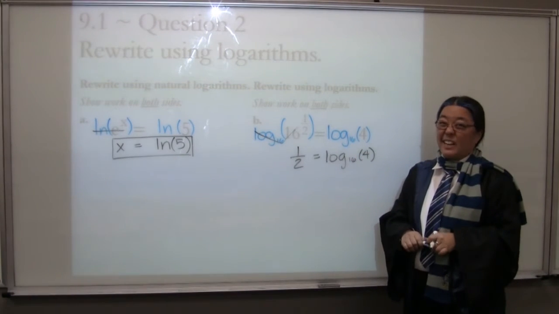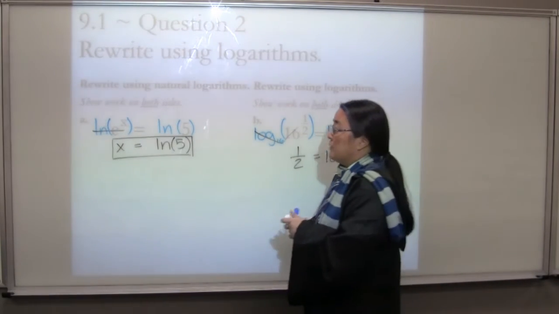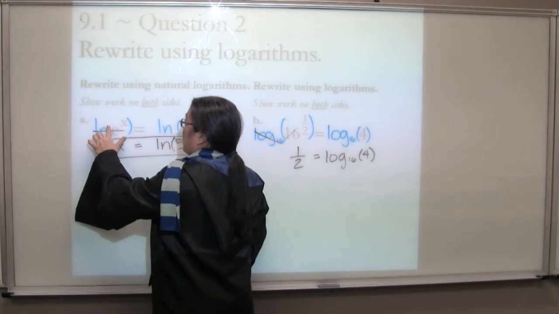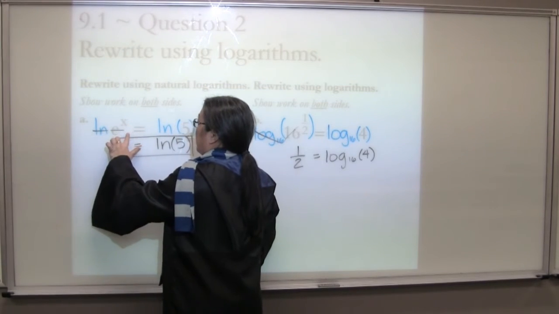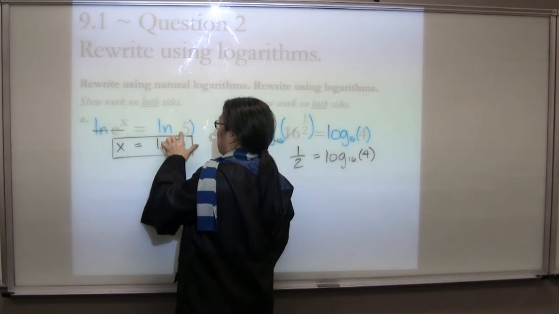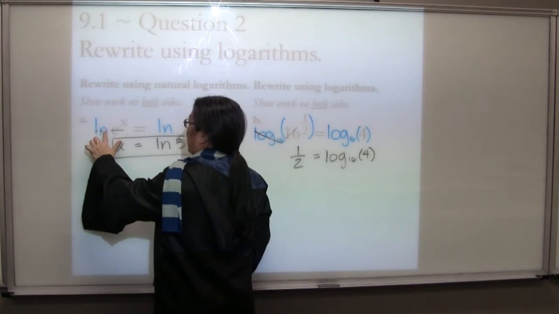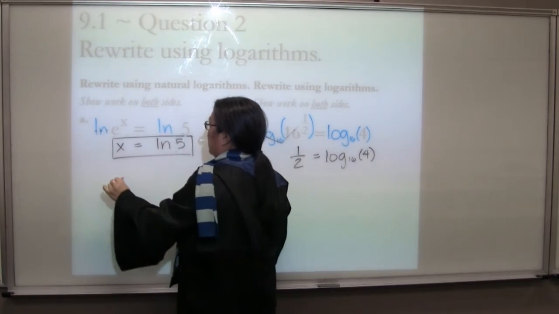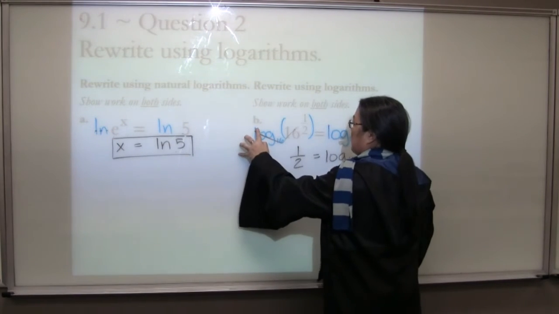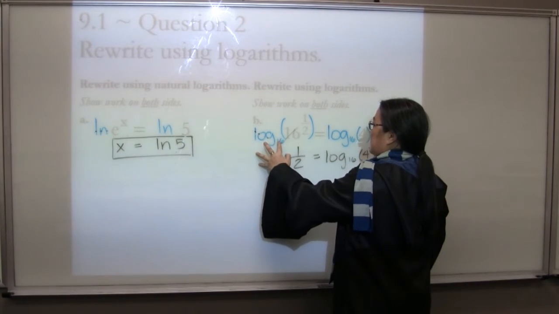Now you might wonder, how much can I not show and still get full credit? At this level of math, you could not show these parentheses, and these parentheses, and these parentheses. You don't necessarily have to show that these cancel out, as long as they do cancel out. Same thing here, you don't have to show that these cancel out, as long as they do cancel out.